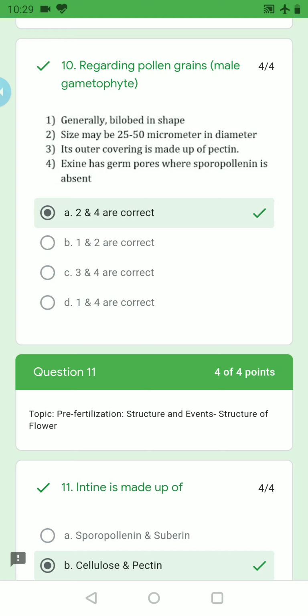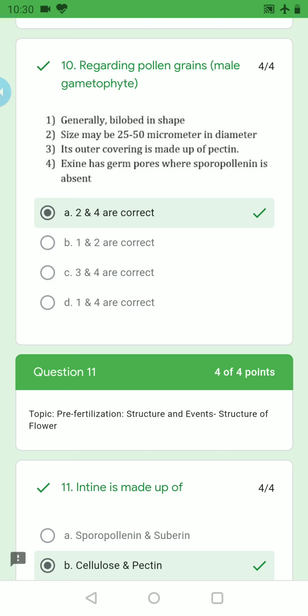But the second and fourth statements will always be correct for pollen grains. The size varies from one species to another, 25 to 50 micrometer. Then the exine has germ pores where the sporopollenin is absent. Why is the third statement false? Because the outer covering is made up of sporopollenin, not pectin. The inner covering is made up of pectin. Okay, that's it.